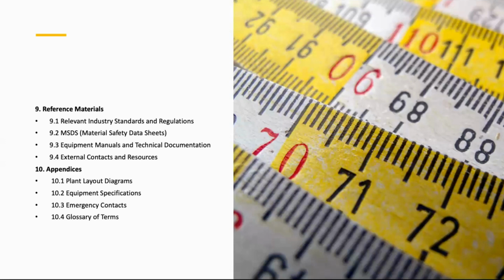In part 10, we talk about the appendices. This is basically the last part. Here you have to provide some diagrams and graphs of your plant. For example, in 10.1, you will provide the plant layout diagrams. In 10.2, you can provide equipment specifications, emergency contacts, and a glossary of terms.